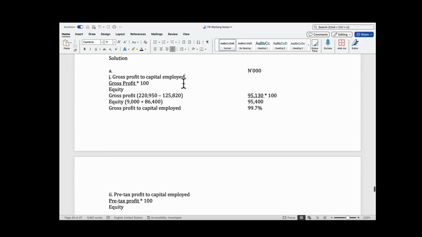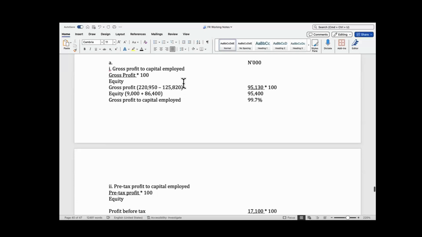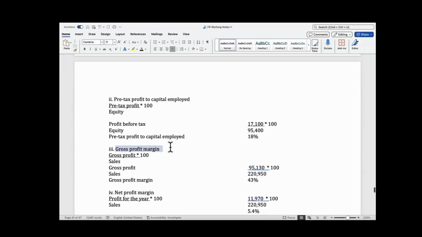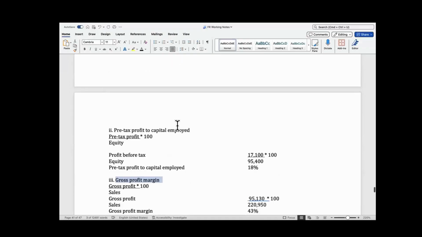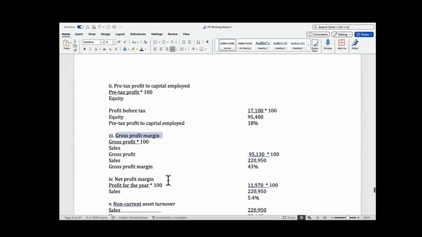While gross profit to capital employed is looking at how much gross profit you have made on the capital invested by the shareholders, this one also speaks to the gross profit you have made on every sales. Both of them are basically impacted by your level of sales and gross profits. The same thing applies to pre-tax profit to capital employed and net profit margin. They are speaking of the same thing to a large extent.